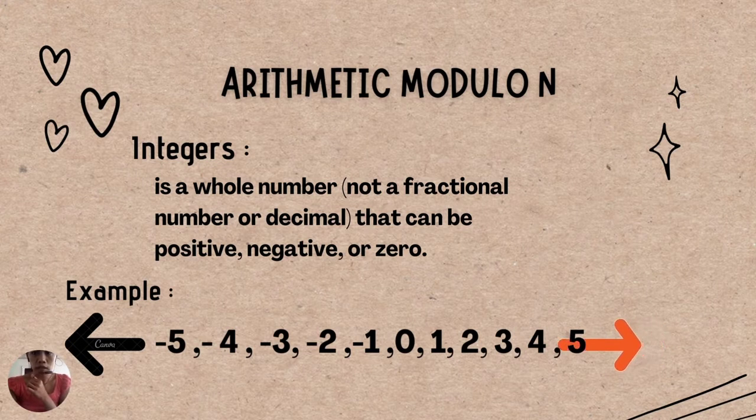Let's define integers. An integer is a whole number that can be positive, negative, or zero, and not a fractional number or decimal. For example, negative 1, negative 2, negative 3, negative 4, negative 5, and so on, and then 0, 1, 2, 3, 4, and 5, and so on.